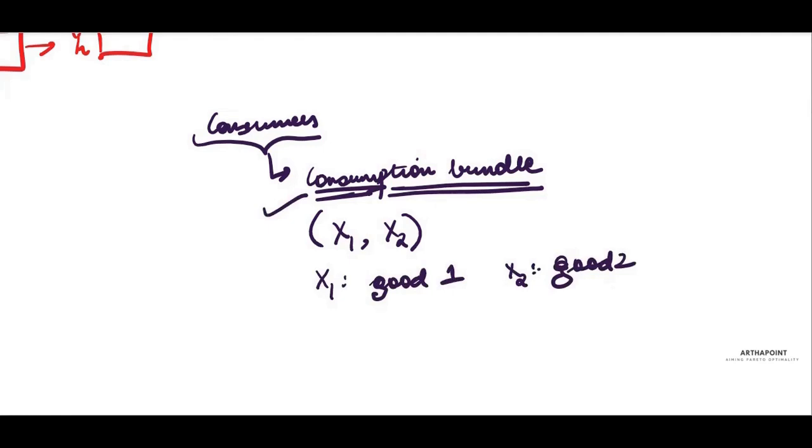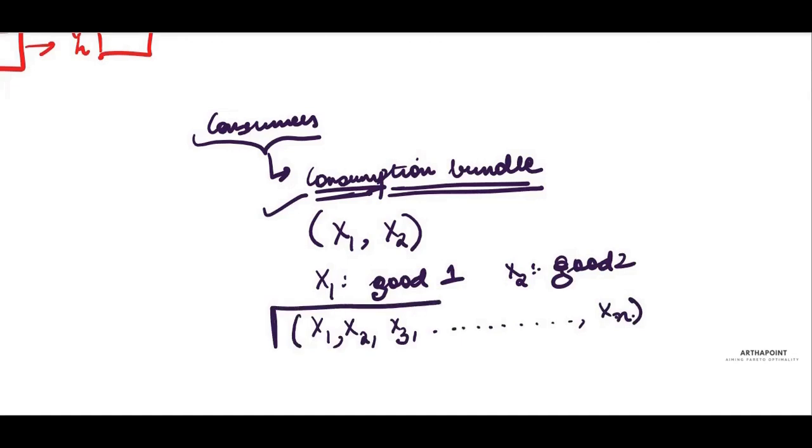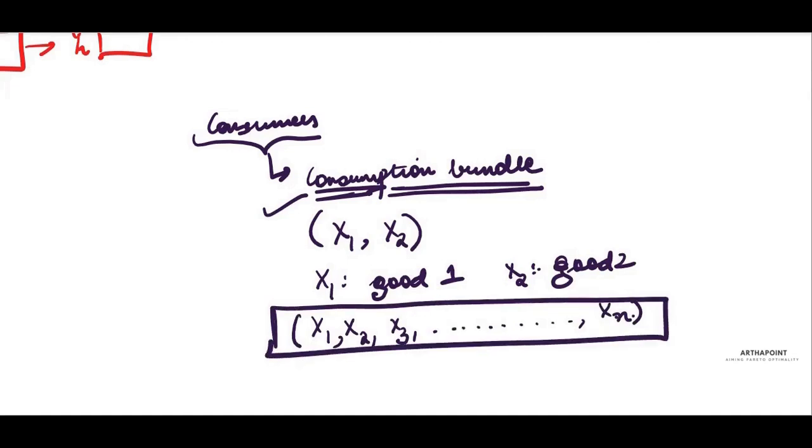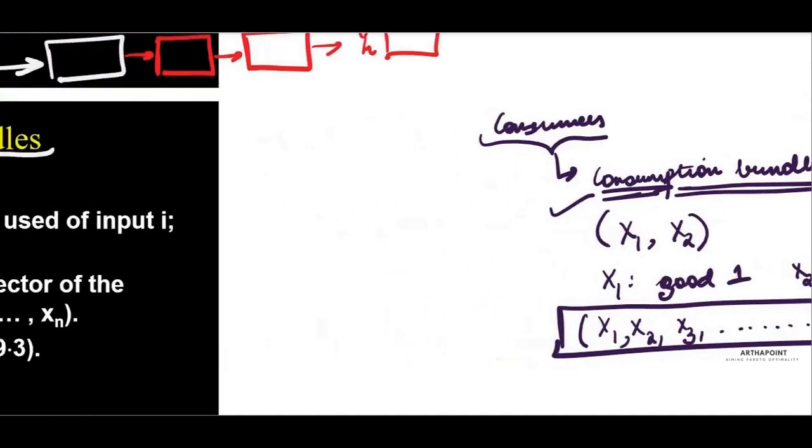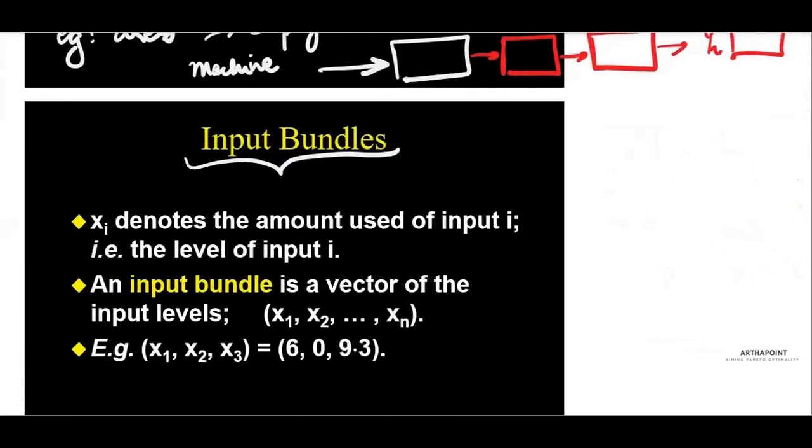I can very well extend this to N goods also. So I can say X1 units of good 1, X2 units of good 2, X3 units of good 3, and so on and so forth till Xn units of good N. This is also my consumption bundle to work with. Now, on a very similar ground, I can talk about my input bundles also. What is an input bundle?